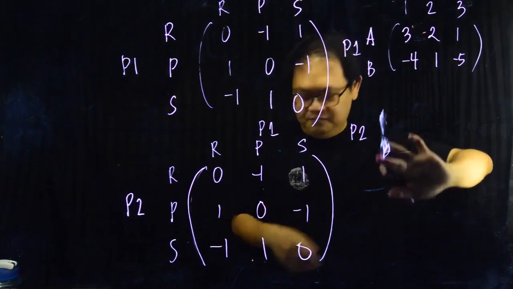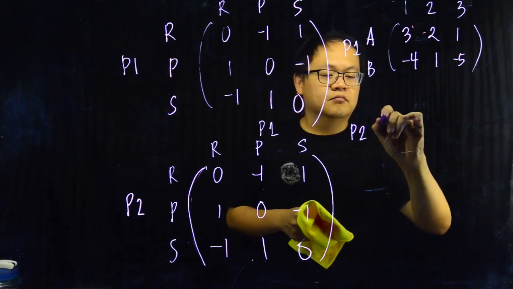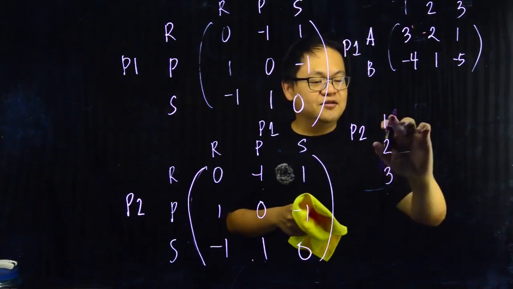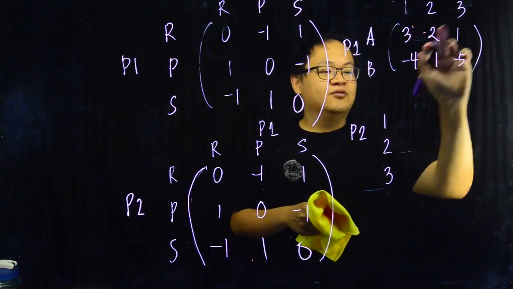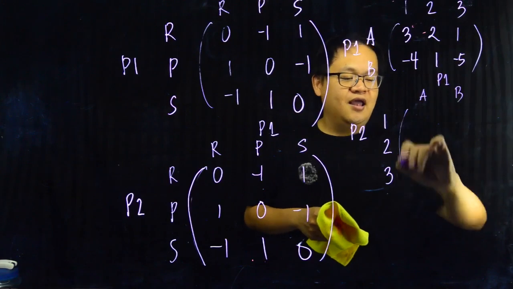From the point of view of player 2, there are 3 strategies: 1, 2, and 3. Player 1 has 2 strategies, A and B.